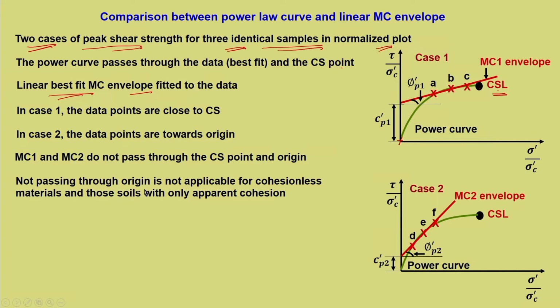Now, not passing through the origin is not applicable for cohesionless materials and those soils with only apparent cohesion. So, what is the implication of not passing through the origin? If the Mohr Coulomb envelope is not passing through the origin, it means it is not applicable for a cohesionless situation, or for soil where there is no proper cementation and it cannot hold on its own, because apparent cohesion cannot be considered true cohesion.